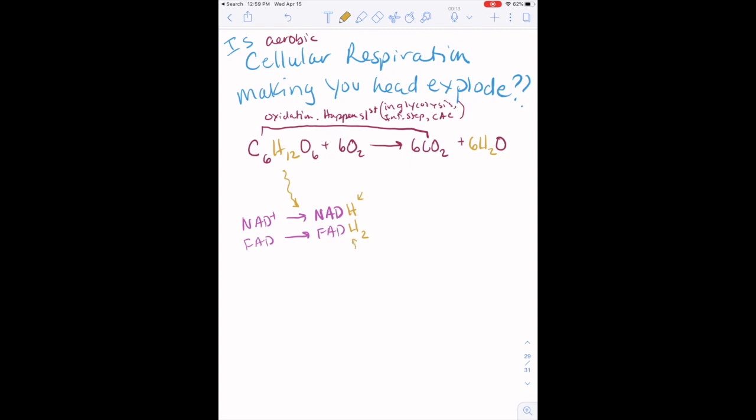Now, what did these guys do with those hydrogens that they pulled out of glucose? Think about that for a second. They removed these hydrogens from glucose and carted them to the mitochondria. Remember that?